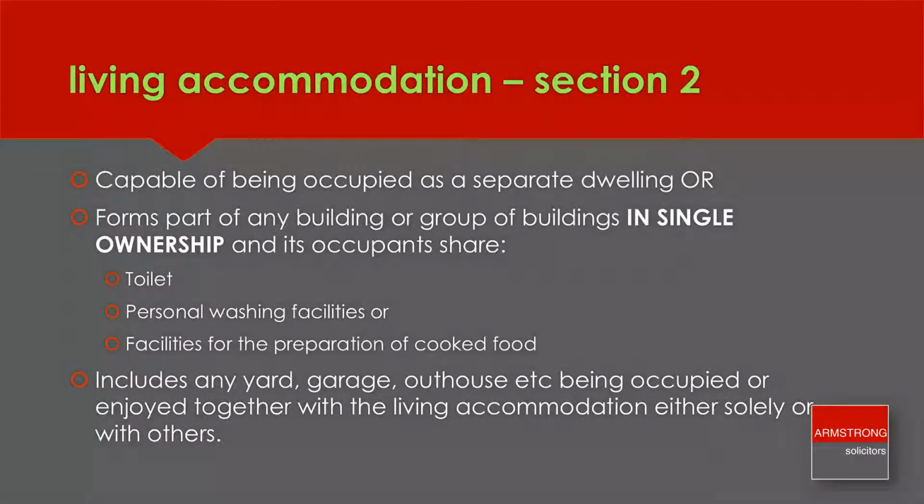Also, and slightly weirdly, living accommodation is taken to include any yard, garage, outhouse or other area or structure capable of being occupied or enjoyed, together with the living accommodation solely or in common with others. I'm not entirely sure why this is in.